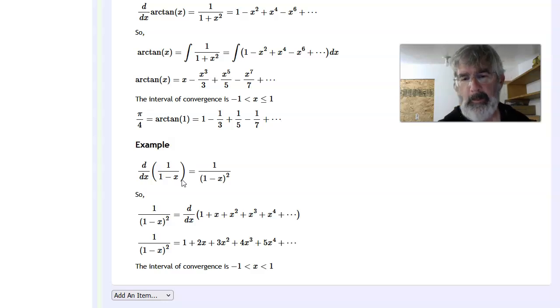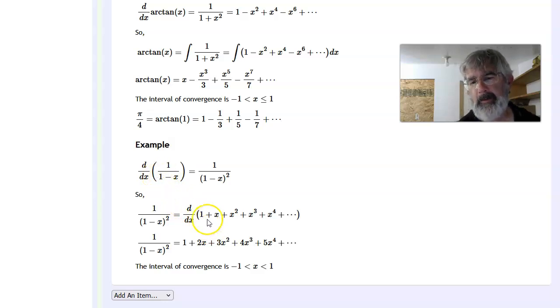So you'd have negative 1 times (1 minus x) to the negative 2 power, then times the derivative of the inside, which is negative 1, and the negatives turn out to be positive. So this just turns out to be 1 over (1 minus x) quantity squared. And so I can get the Taylor polynomial for this by taking the derivative of that thing, right?